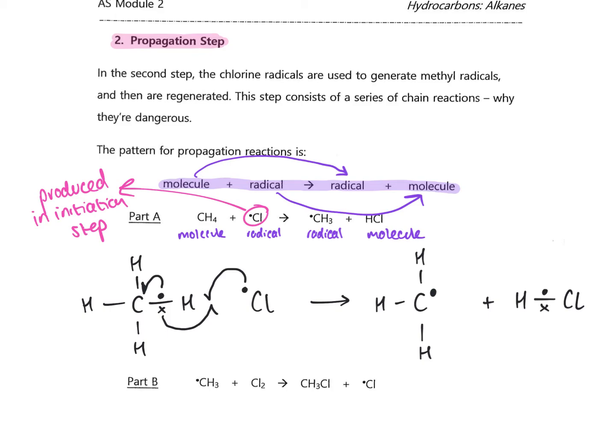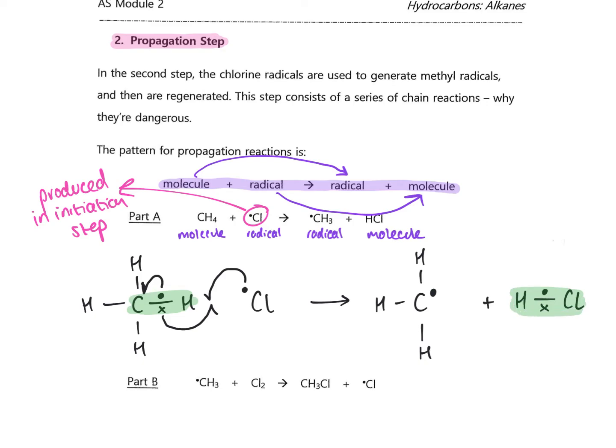You don't need to highlight this in your notes, but just as I'm talking through, we've broken this covalent bond, the carbon-hydrogen bond, and that has broken homolytically as well. So where one of the electrons goes into your carbon atom to form a methyl radical, and one of the electrons is used to form a bond with the chlorine radical. And as a result, we form our hydrogen chloride molecule.